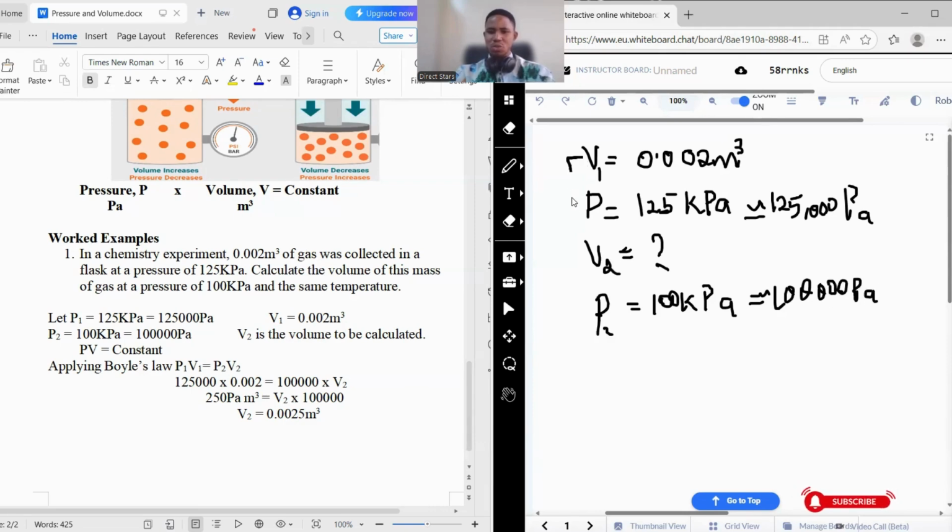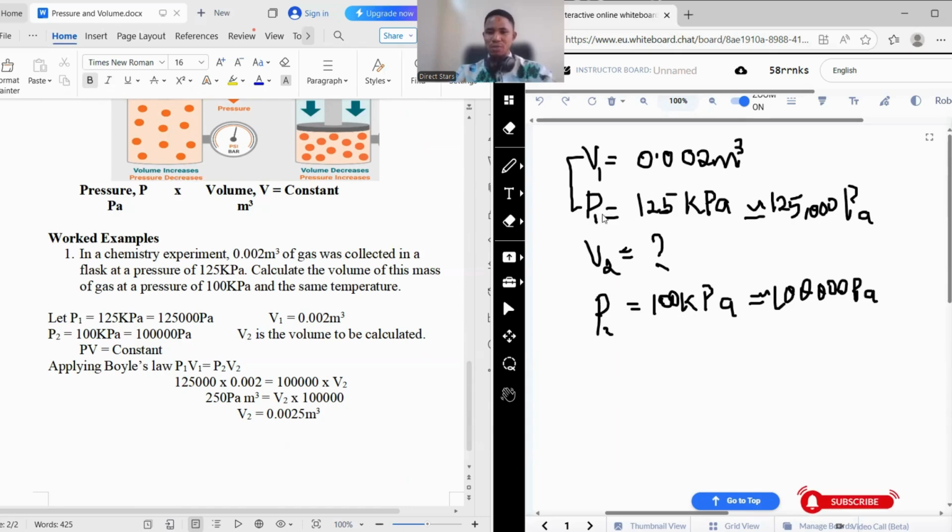At V1, P1, we have this and this. So what do we have at V2? P1 is 125, but now it has reduced to 100 kilopascal. What I want you to note is that when there is an increase in pressure, there will be a decrease in volume.